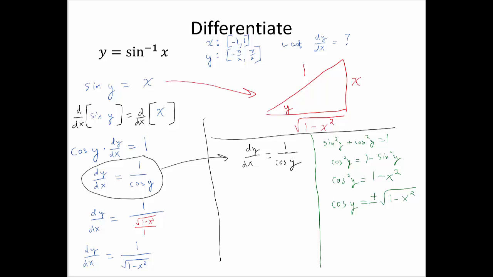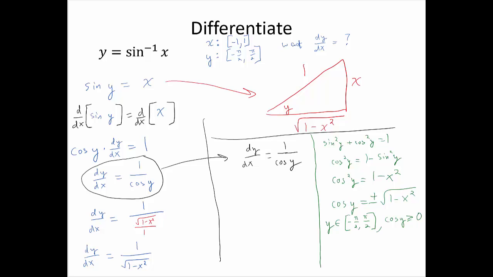But now wait a second. We know that y is on the interval negative pi over 2 to pi over 2. And since y is on that interval, the cosine of y must be greater than or equal to 0.